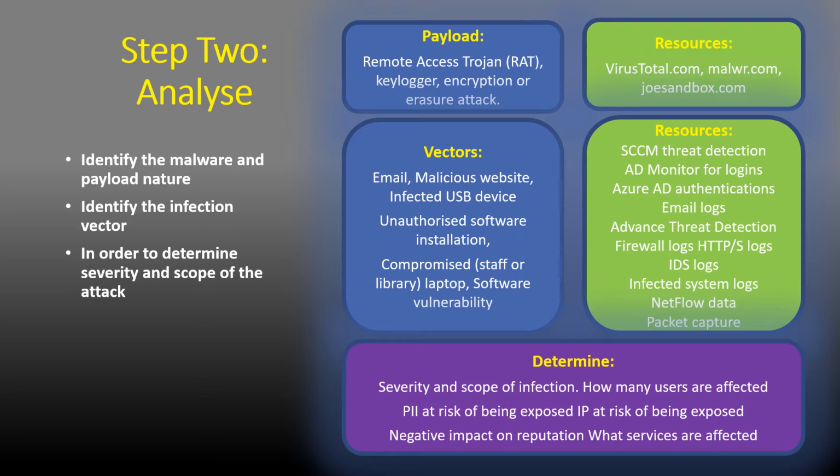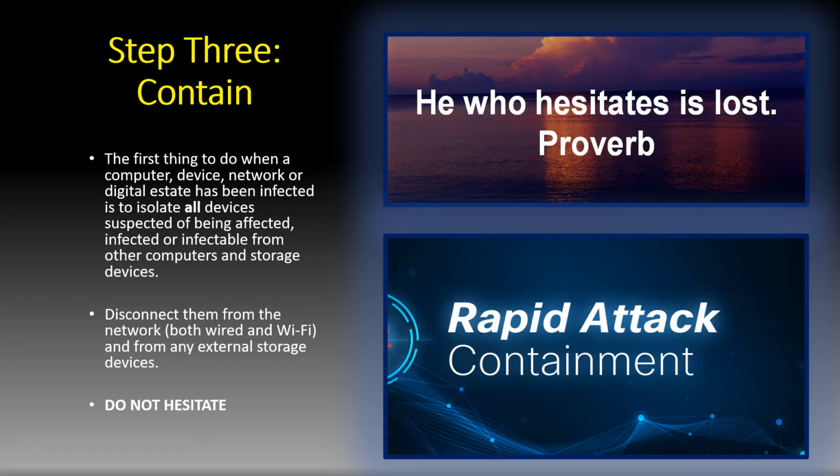It is important that you determine the severity and the scope of any attack so that you can take appropriate actions thereafter. The rate and speed of ransomware detection and identification is critical in combating first fast-moving attacks before they succeed in spreading across networks and encrypting vital data.